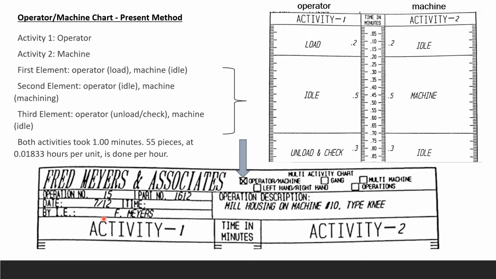Even though we're industrial technology or industrial engineering technology, in the facility we go by the title of engineer or analyst, okay? And that's just a normal thing. So you're going to write down your name, whoever takes this data. And then here is your operation description, okay?